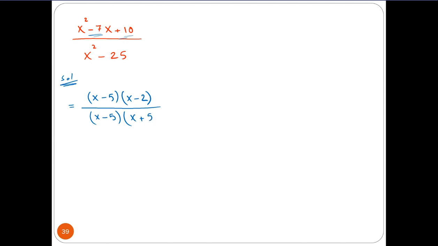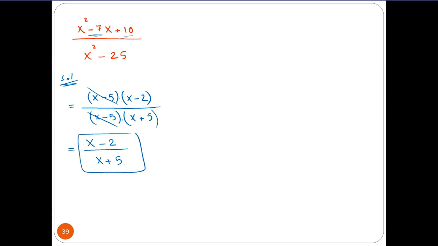Here we have two brackets, in the numerator and the denominator, that are the same, each multiplied with another bracket. Notice the condition: the same bracket is repeated, and the top bracket is multiplied by its neighbor, and the bottom one too. So x minus 5 with x minus 5 cancel, and we have the final result x minus 2 over x plus 5. This is the final result.